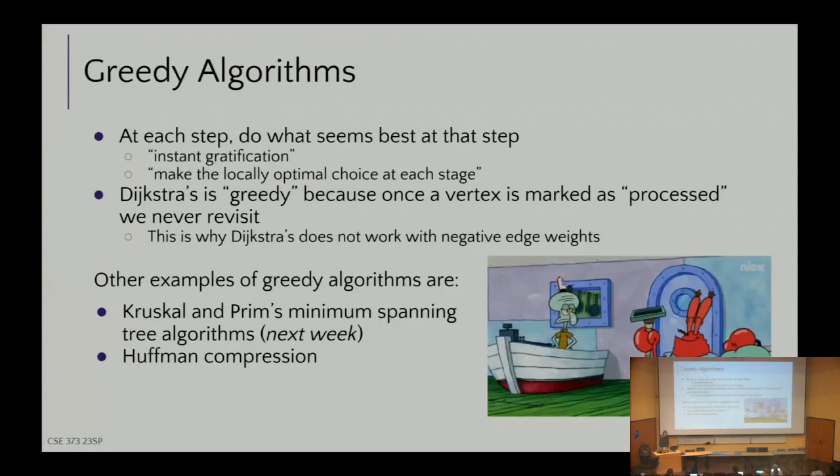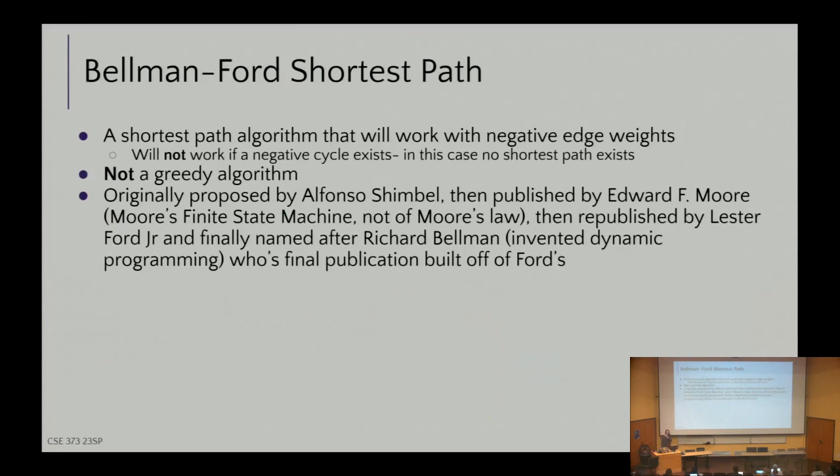It's a greedy algorithm. It just means I make the most optimal decision that is not about delayed gratification. This is an instant gratification type of process, and we're going to learn a couple more of them today. But to answer our friend's question, because it is a greedy algorithm, it works except for negative edge weights.